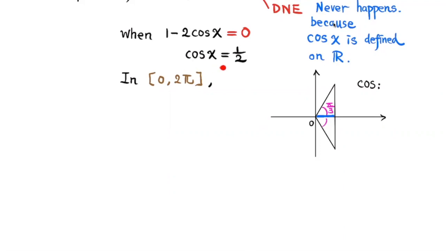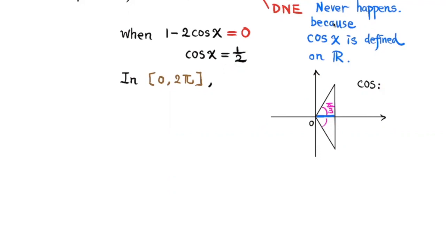To solve for cosine x equal to 1/2, where x is in 0 to 2 pi, let's take a look at this unit circle. We know that in the first quadrant, cosine of pi over 3 is equal to 1/2.